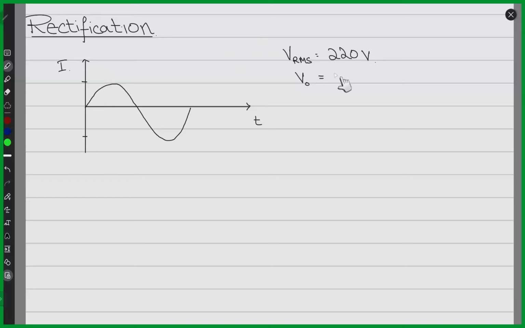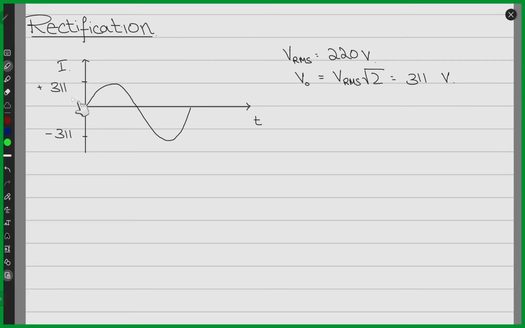You take your r.m.s. Yes, exactly. And you multiply it by square root of 2. So when you do that, you get 311.1. So this is the voltage, which means that these peak values are 311.1. Let's ignore that 0.1 for now. So plus 311 and then minus 311 over here.